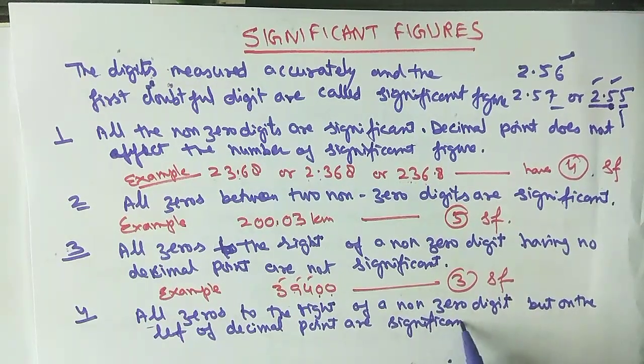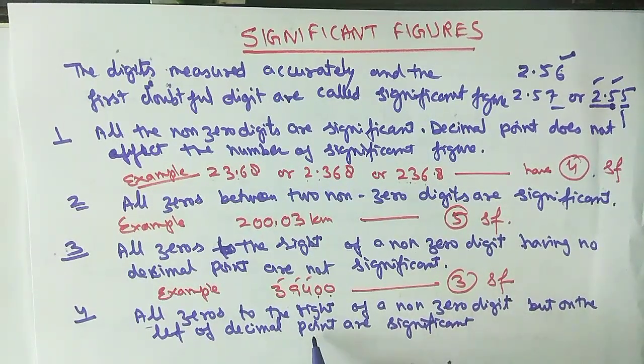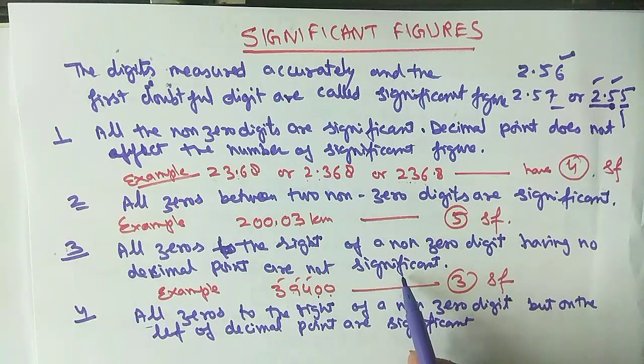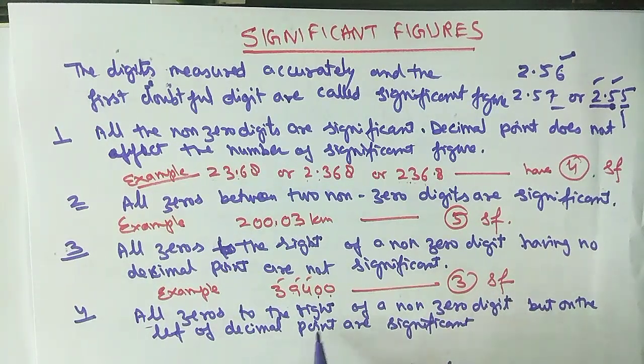Earlier we talked about zeros to the right of the non-zeros. Here we are talking about the decimal point. Here the decimal point was not there, but here the decimal point is there, so we are considering it. So these are significant. See the example, taking the same example, suppose 39400.